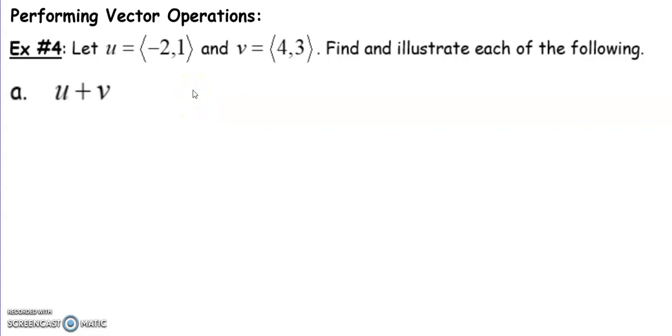So let's do this. Let's take these two vectors, U and V, and add them together, and then draw a picture of our resultant. So let's start with V. We're going to have -2, 1, and to that we are going to add 4, 3.